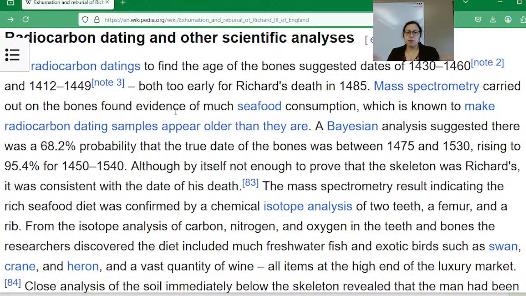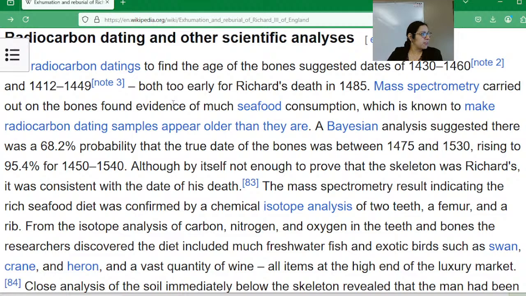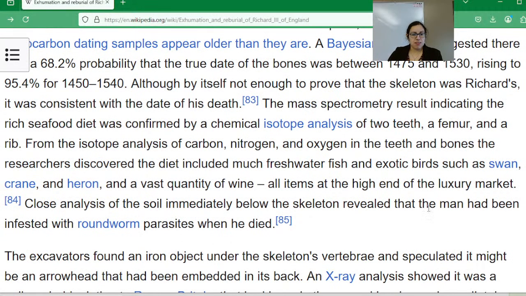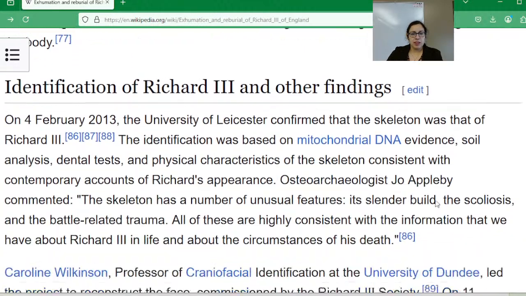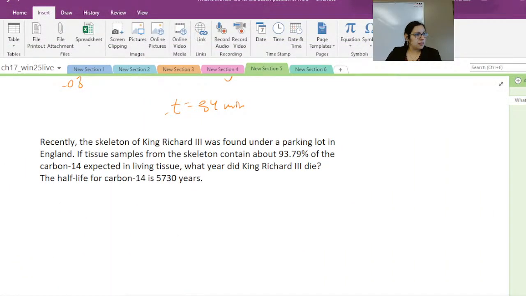But if you have an effect where you have more radioactive isotopes for some reason, that can be confounding. But they said it was at least consistent with the date, so that's kind of interesting. It looks like they had to go through mitochondrial DNA and then other tests. So you can see the extensive testing that's needed.